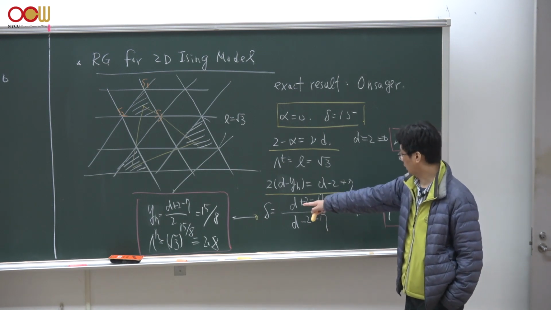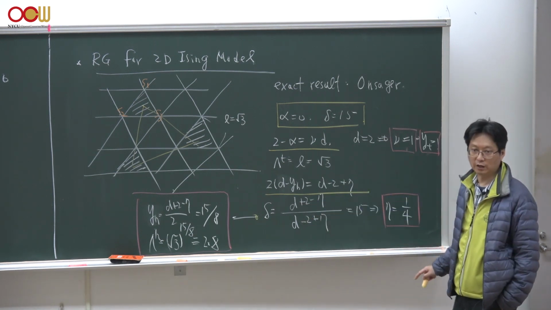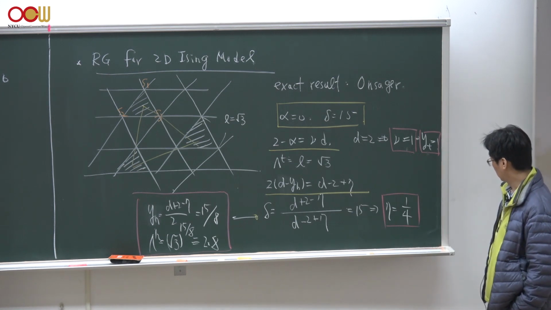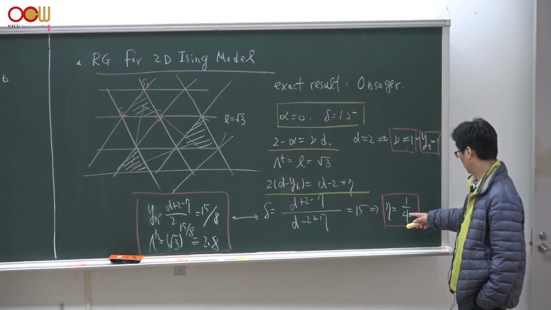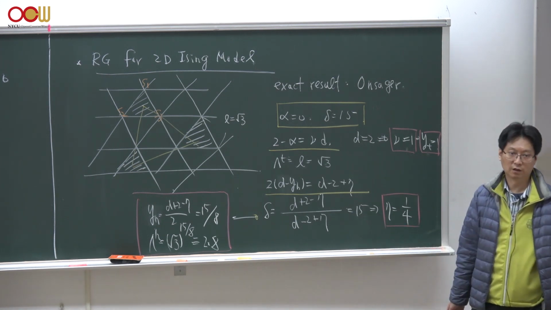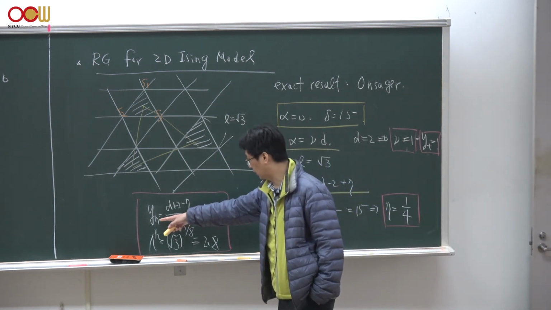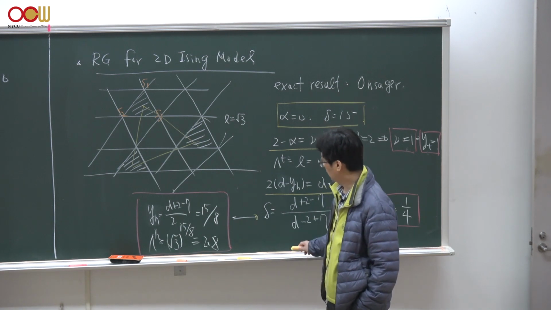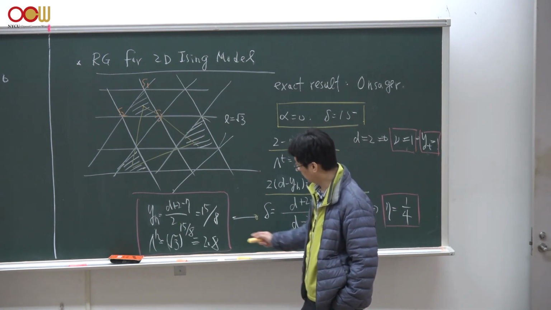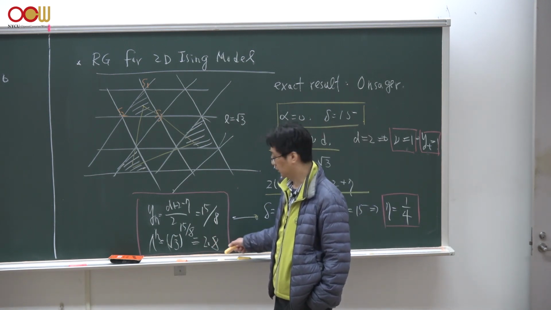With d equal to 2, you obtain the anomalous exponent eta being a quarter for the triangular lattice Ising model. From that you can derive that y_h is 15 divided by 8, and lambda_h is actually 2.8.